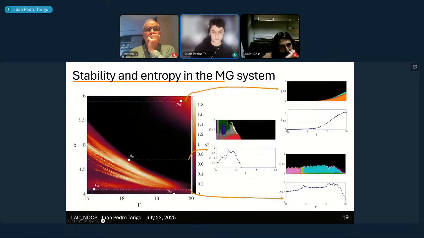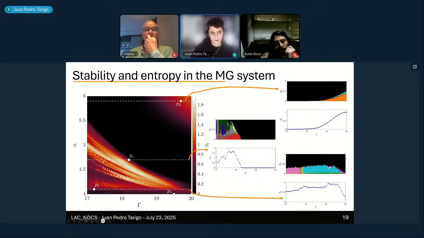And what we do with Bayesian stability, so these diagrams here are the fractional volume of each attractor, shown in color here. And the black attractor is a chaotic attractor, right? And what we see here is, for example, this region where we have entropy 0 is because we only have chaos.